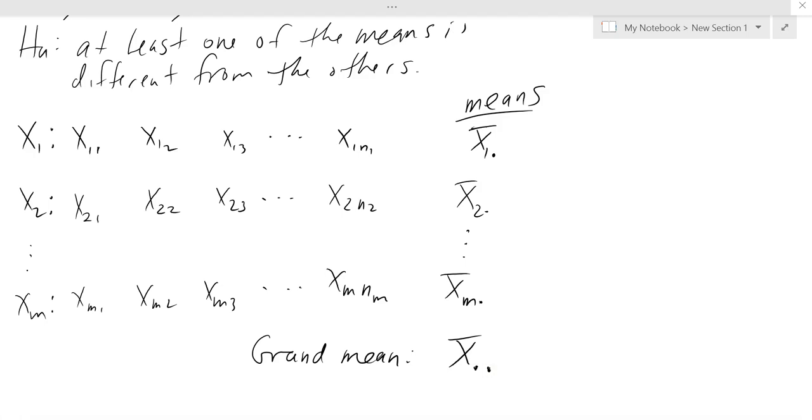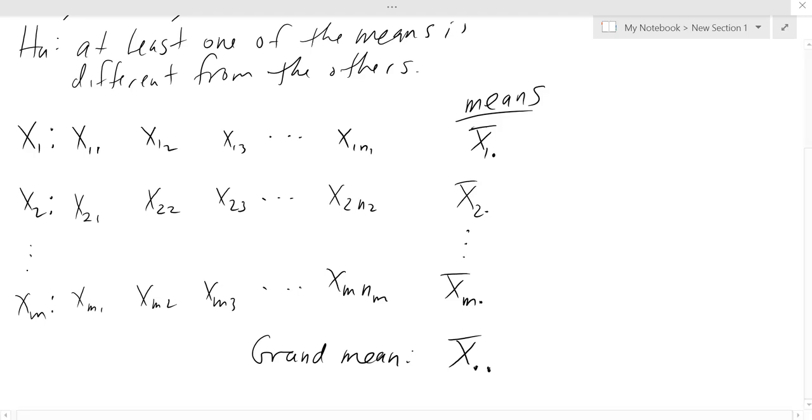So you have an X bar sub double dot. Like I said, stupid. That's like the total. That's the total, yeah. So it's the mean of everything. The sample mean of everything, I should say.